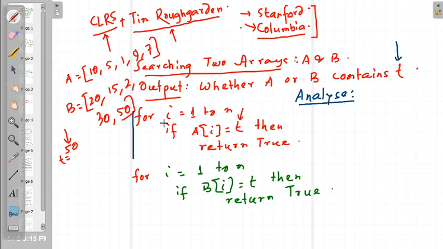So which statement is responsible for this? This statement. If I am analyzing this, all others will be subsumed in that. Say this will be order of n, this will be order of n, this will be order of 1.